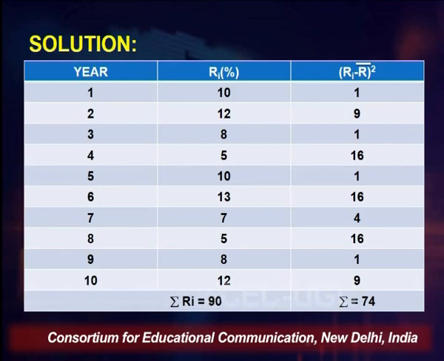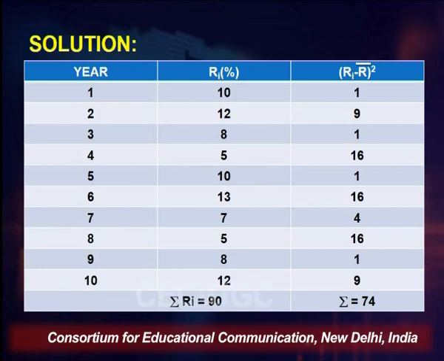Then 12 minus 9, it comes to be 3, 3 square 9. 8 minus 9, minus 1, whole square 1. 5 minus 9, 4, 4 square 16, and so on. Means it is return minus average return whole square of it. So 10 minus 9, 1, and 1 square 1. 13 minus 9, 4, 4 square 16. 7 minus 9, 2, 2 square 4.